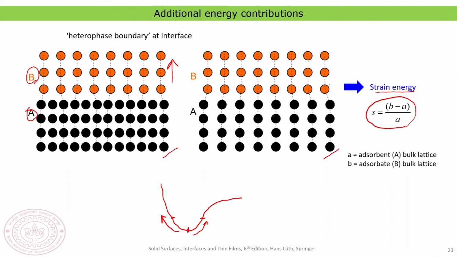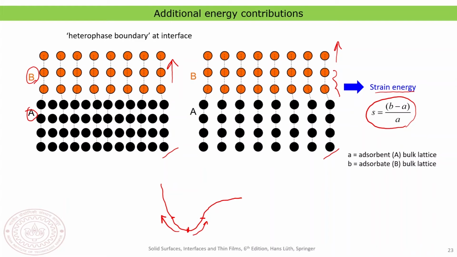So this is at the interface, and as you grow along the z direction, that means when the multi-layers are formed, this strain energy would decrease. We will see the variation more systematically in the next slides.